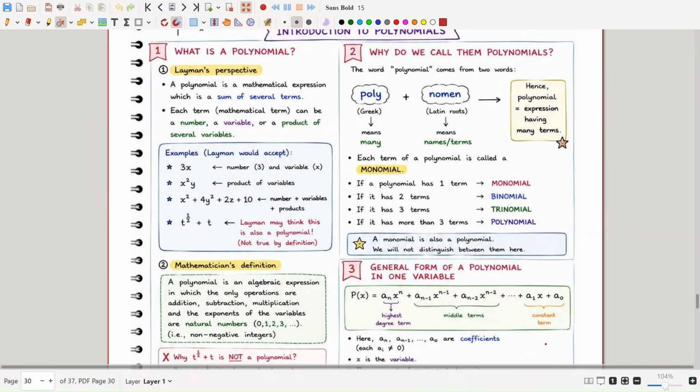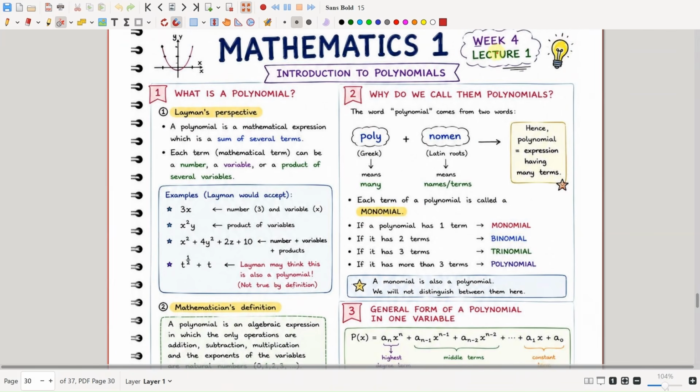Now, let's move on to week 4, lecture 1. We are giving you some introduction to polynomials here. Okay, so a polynomial is a mathematical expression which is a sum of several terms. When we have a highest degree as 1, we call it a linear equation.